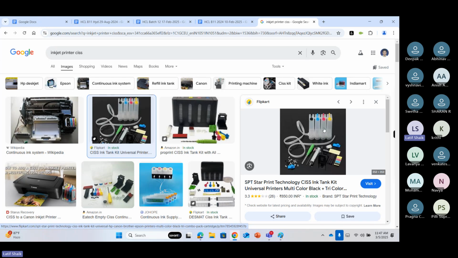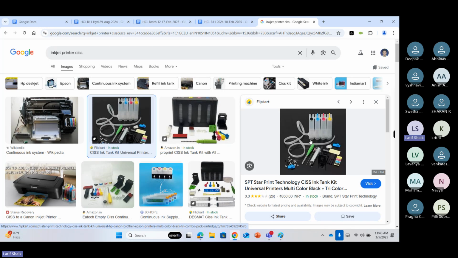A regular printer costs around 3 to 4,000 rupees, or 2,500. A single function second-hand printer you will get for 2,000, 2,500.